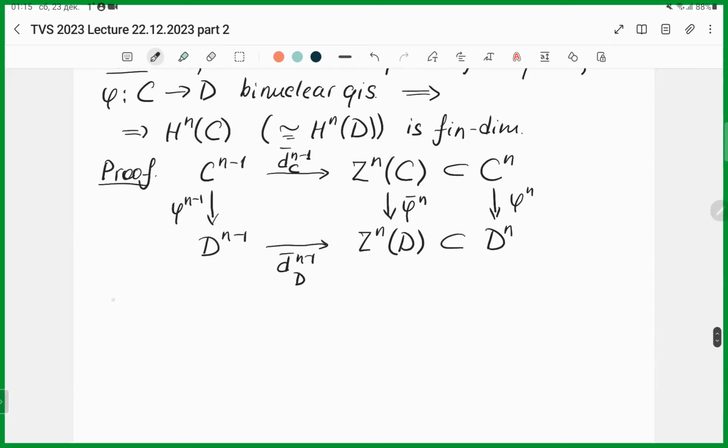And when we compose phi n with the inclusion of Zn of C into Cn, this map is also binuclear. And so we are in the situation of our previous lemma, which implies that phi n bar is nuclear.